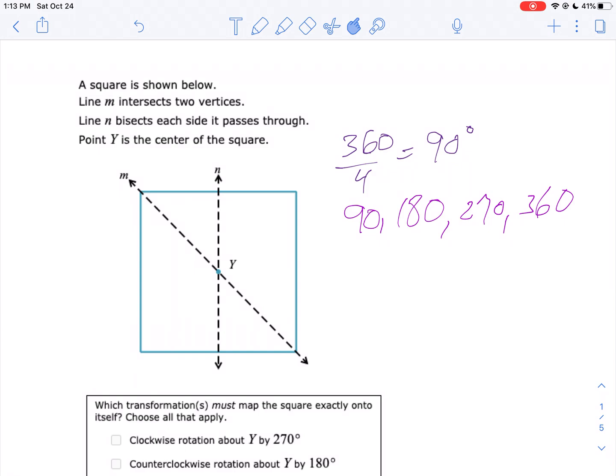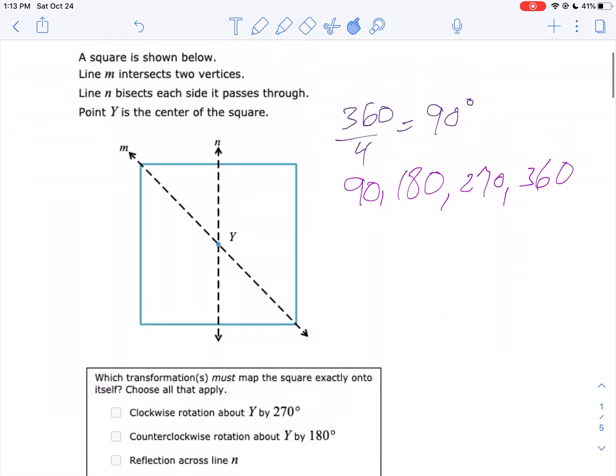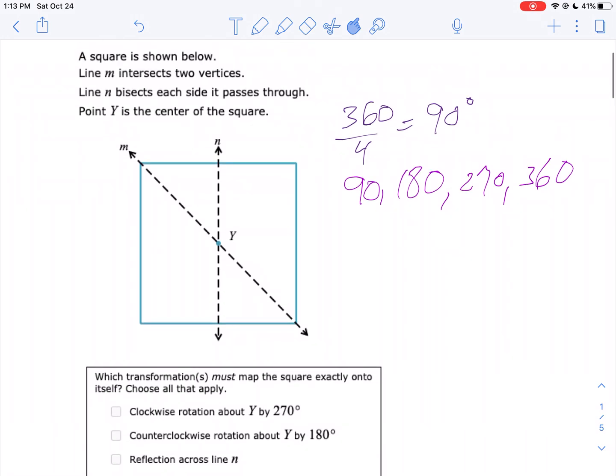So now let's take a look at it. If we do a rotation through the center of 270 degrees, that will rotate it onto itself. 180, yes, that'll rotate it onto itself. How about, can we reflect it across line N? That is, does every point have its matching point straight across line N?